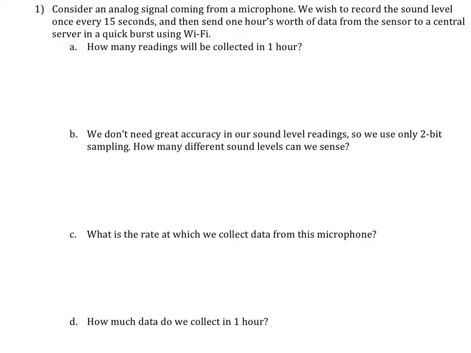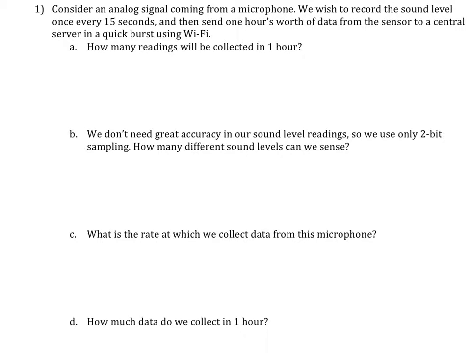Okay, so the first question here is how many readings will be collected in 1 hour? Well, if we're collecting once every 15 seconds, we're going to get 4 per minute, and then 4 times 60 minutes per hour is 240. We can almost do this one in our head to start with.